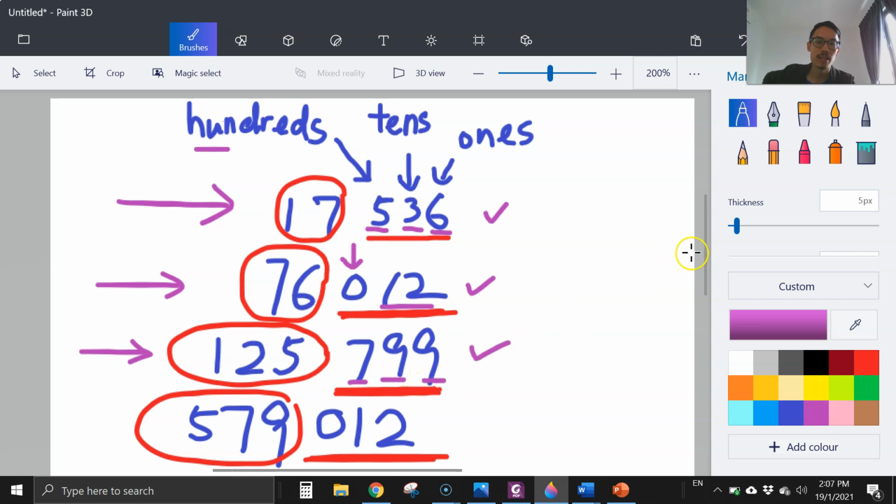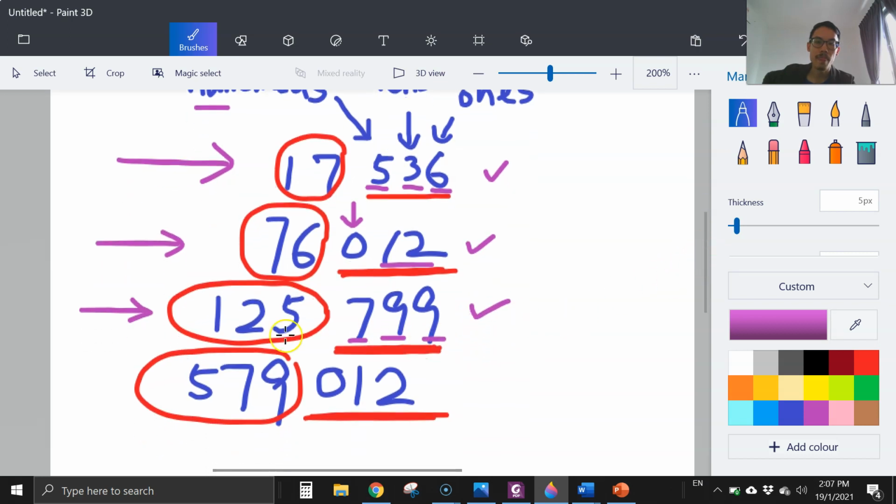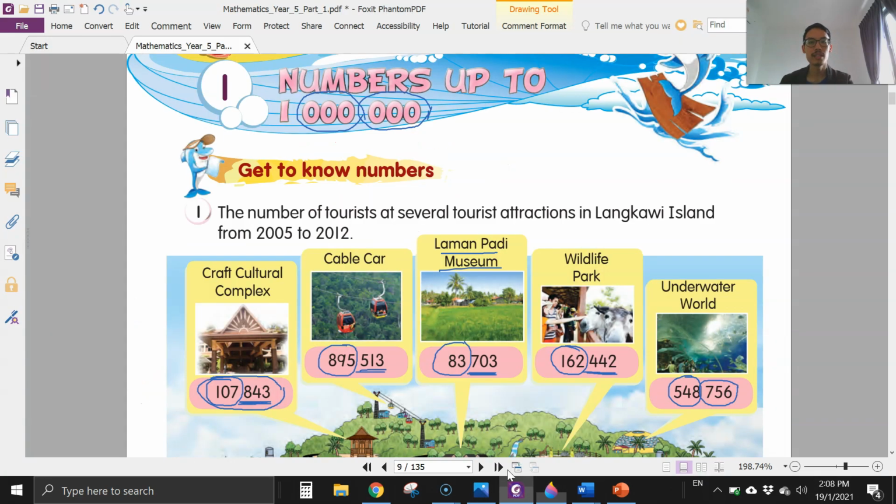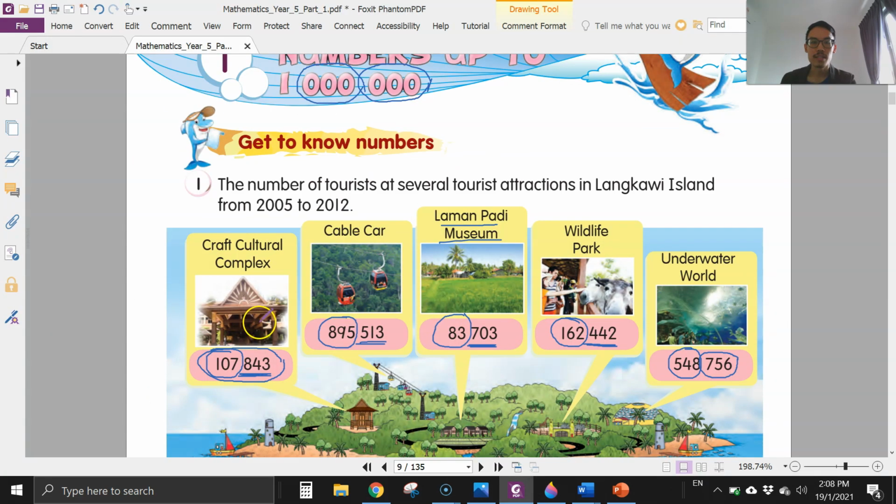Last but not least, 579,012. 579,000 dan 12. Sebab dia tak ada ratus. No hundreds here.